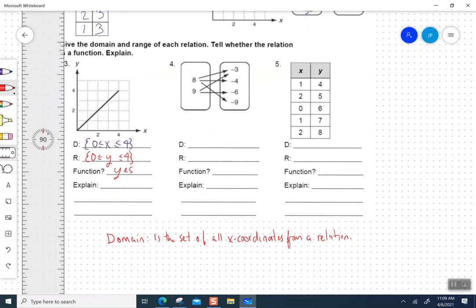And again, the reason it's a function is because each domain value is paired with exactly one range value.